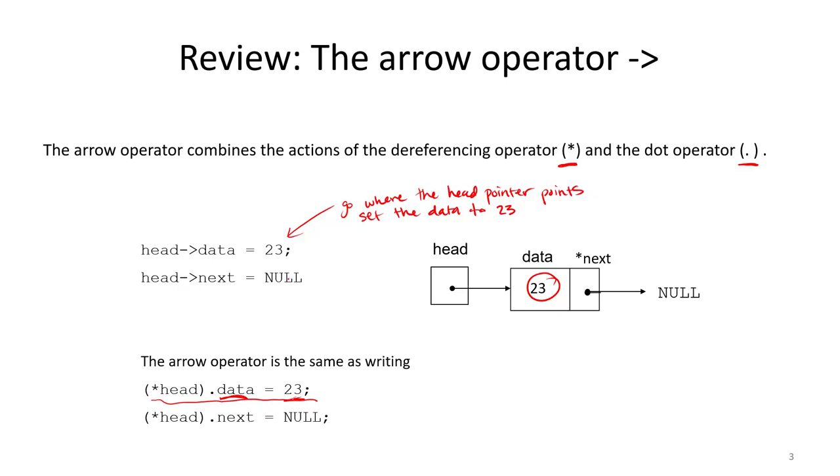Similarly, head arrow next equals null. That would go to this next pointer where head is pointing in that list node struct, and we would make our next pointer point at the null memory address.